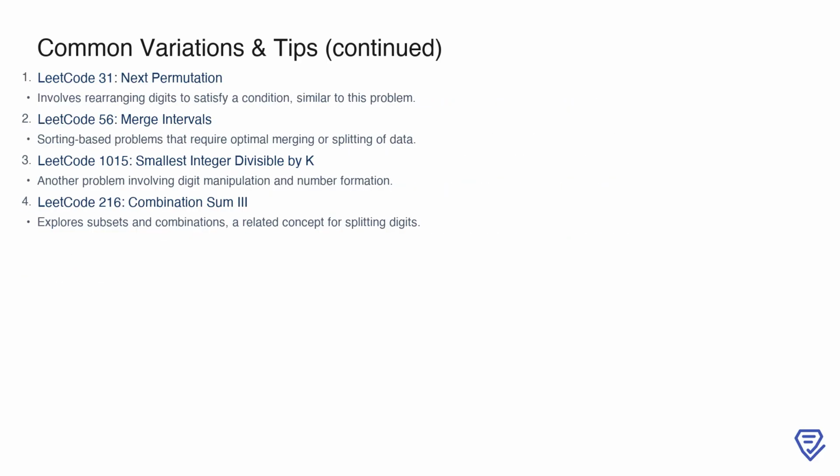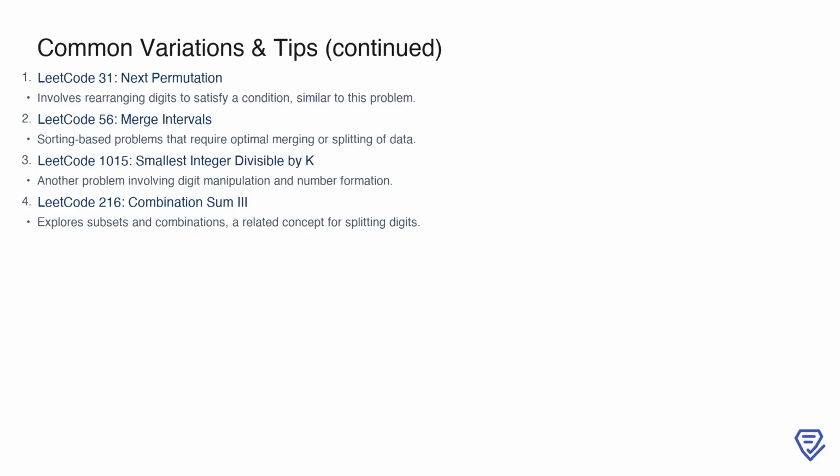To deepen your understanding, it's helpful to explore related problems on LeetCode. For example, in LeetCode 31, Next Permutation, you rearrange digits to meet a specific condition, which is similar to the process of optimizing digit distribution here. LeetCode 56, Merge Intervals, introduces sorting-based strategies for merging or splitting data, which also requires a systematic approach.